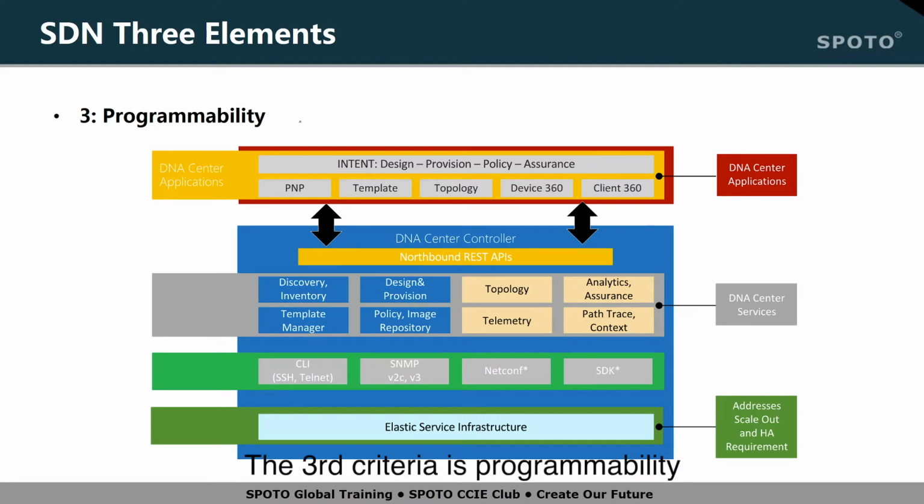The third criteria is programmability. The entire solution needs to be programmable. For example, at the top, the DNA Center applications, you can write your own application or you can integrate the solution with third-party application. It can have PnP, plug and play to discover the hardware. You can implement the templates of the network solution, define the network topology, have the overview of the device.